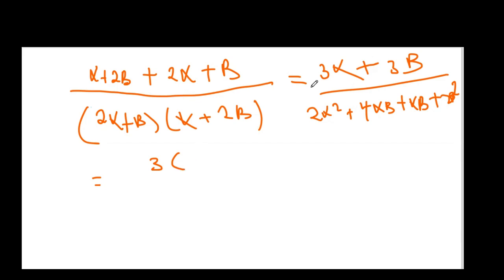So here we can factorize the 3. It means 3, then we have α + β in the brackets.